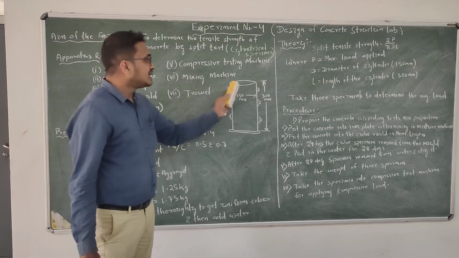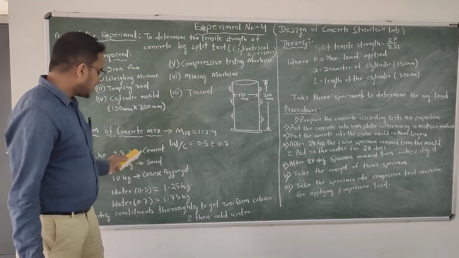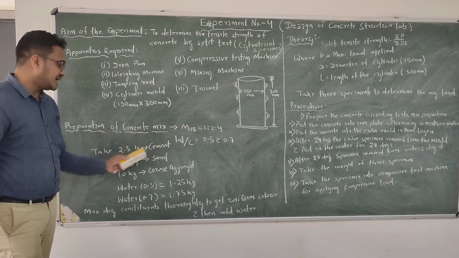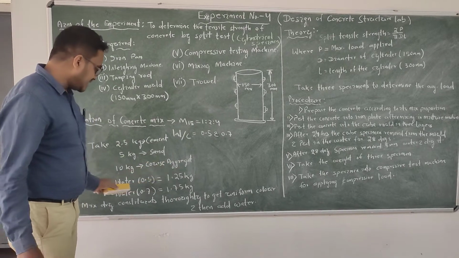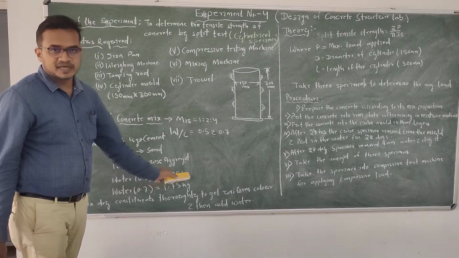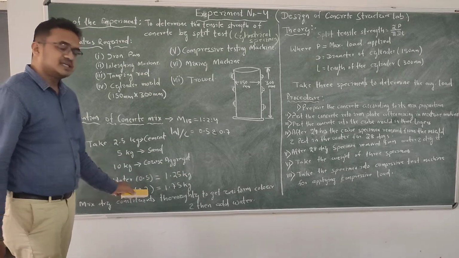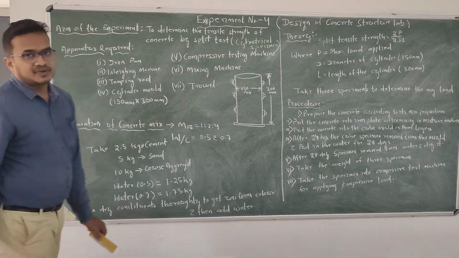So we are taking 2.5 kg cement, 5 kg sand, and 10 kg of coarse aggregate. The required amount of water is, for 50%, 1.25 kg, and for 0.7, that is 70%, equal to 1.75 kg.